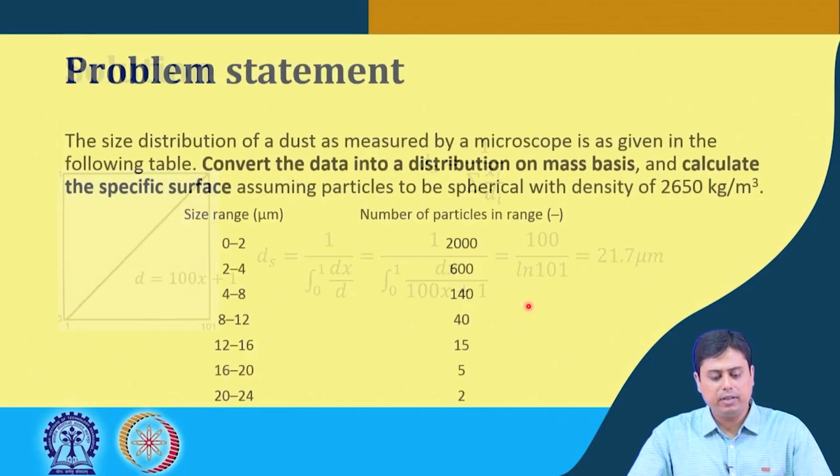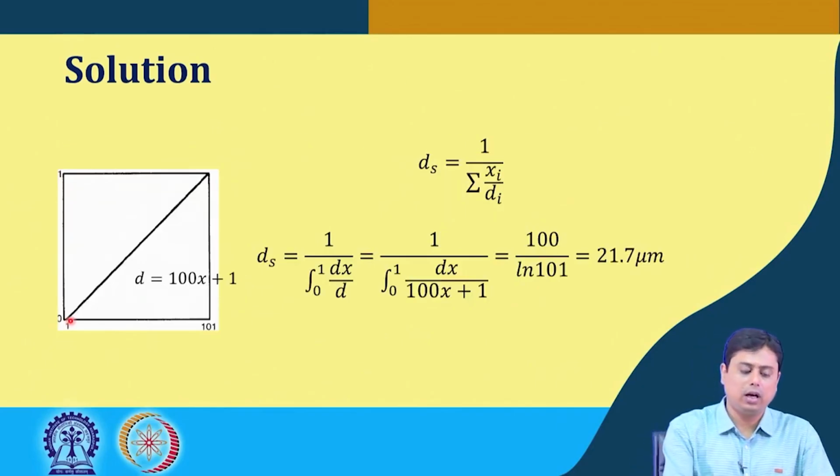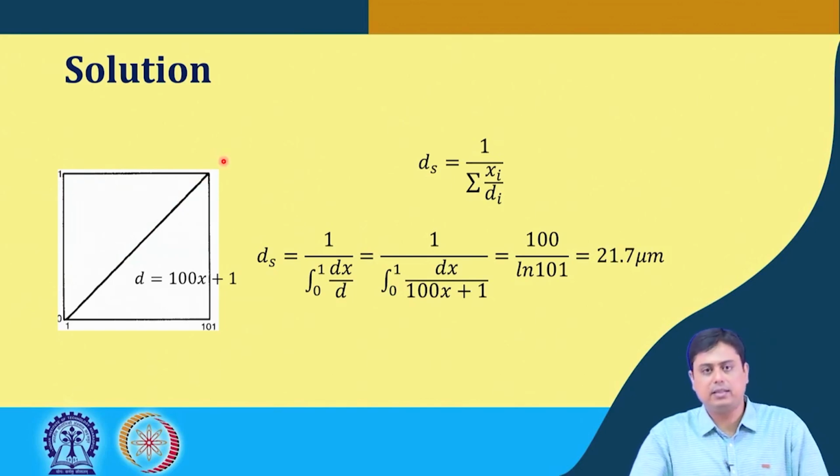And in the previous problem we have seen that if a continuous curve or any size distribution function is known, how to calculate any mean diameter. Here we have calculated the surface mean diameter.